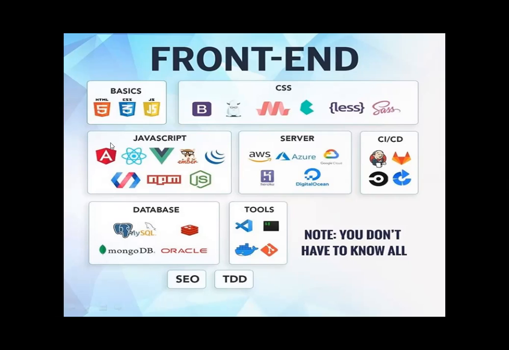So in JavaScript, I was saying that there are different frameworks for front-end code. Like how we make a website in HTML, you can make that same website a bit advanced, with more animations and more customization.